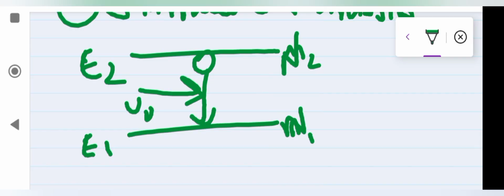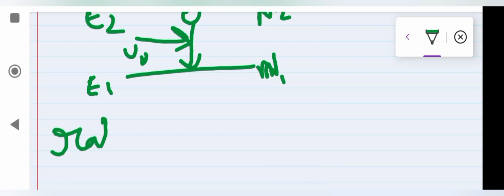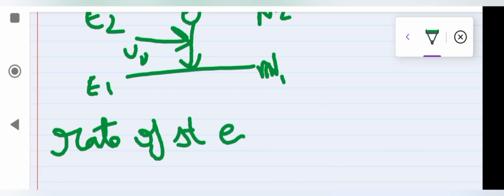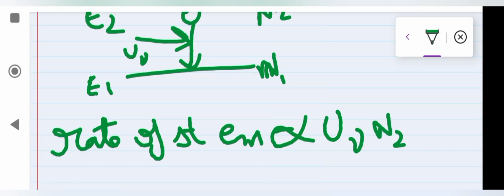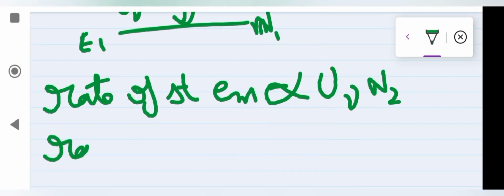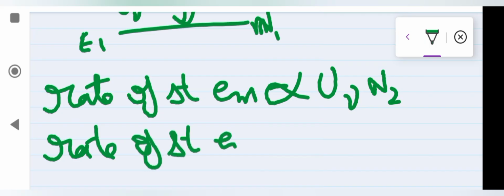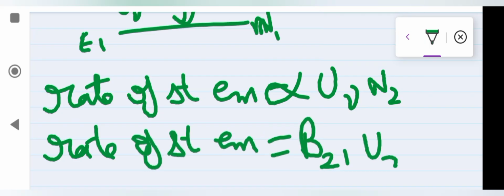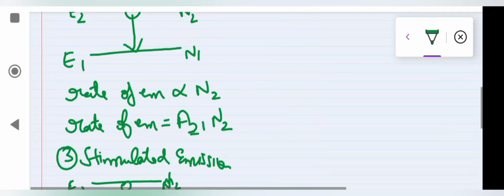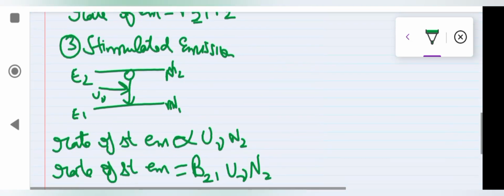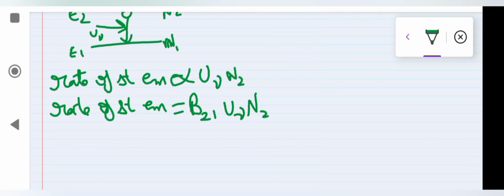Here the rate of stimulated emission is directly proportional to, obviously, U nu, and one more is N2. More energy, more emission; more N2, also more emission. So to remove the proportionality, rate of stimulated emission equals B21 U nu N2. Here first one was B12, here it is B21, don't get confused. This is Einstein's coefficient of stimulated emission.